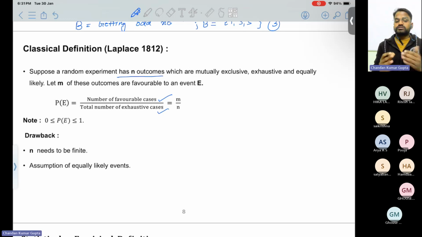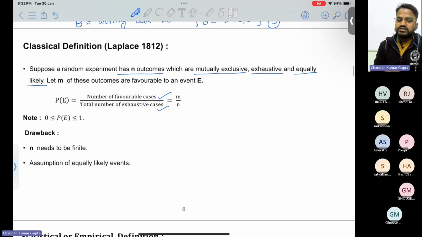But there are some assumptions. In statistics, there are always some assumptions, for example when we discuss the density function. Here, the events must be mutually exclusive, that is disjoint, exhaustive, and equally likely. In that case, we use the classical definition of probability.